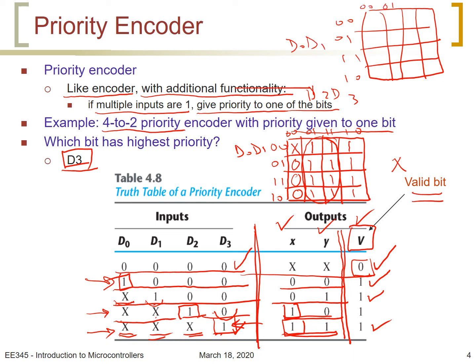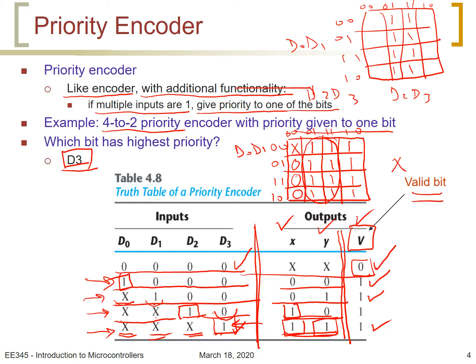This is D0, D1, and 00, 01, 11, 10 for D2 and D3. And y will be equal to 1 here in the last row, which are these 8 cells, all 1s.